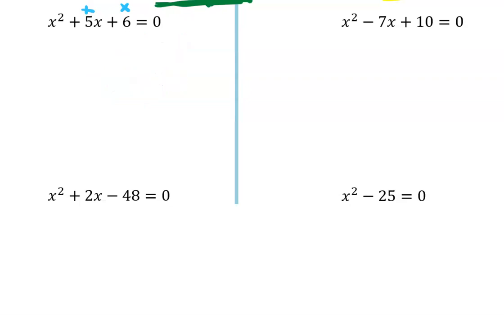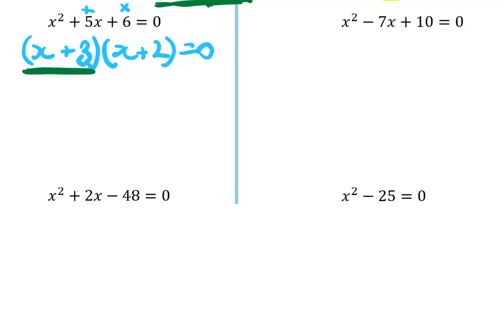Okay, let's factorise that using our numbers we just found, x plus 3 and x plus 2, and that's all equal to 0. So again, you'll see here that we have two things times together to make 0, which means either this first bracket has to equal 0 or the second bracket has to equal 0, because when I times something by 0, I get 0. Okay, so one of these brackets has to equal 0.